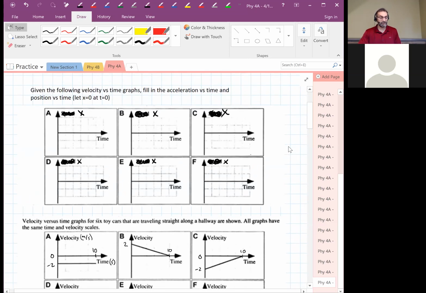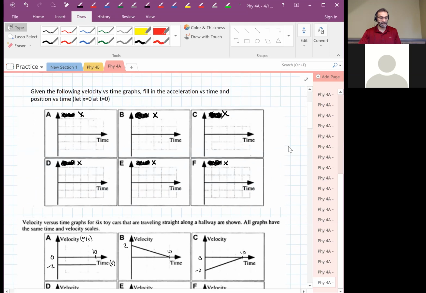And what are we given? We're given the fact that at t equals 0, the particle was at x equals 0. It starts at the origin at t equals 0.